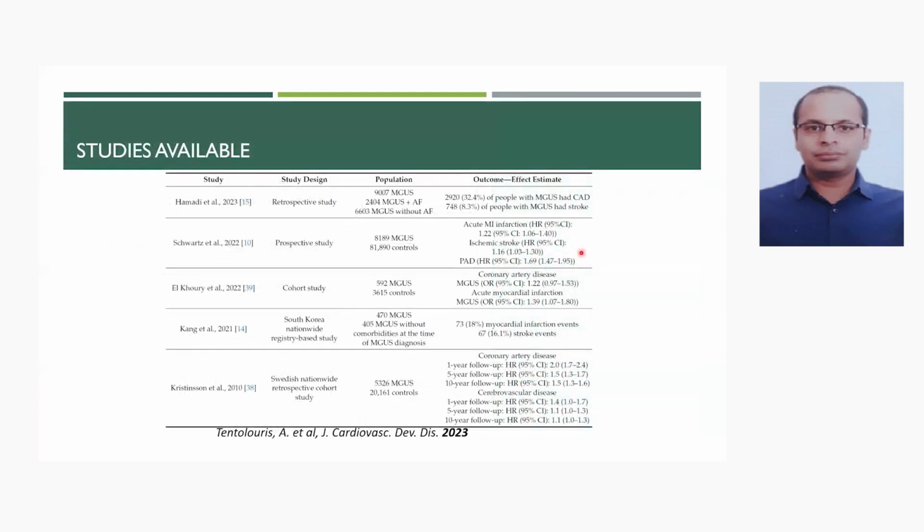There are certain studies, both retrospective and prospective, which have shown that the incidence of cardiac or CAD or stroke-like abnormalities is pretty high in MGUS patients. The incidence of ischemic stroke, the risk ratio can be between 1 to 1.5, and the hazard ratio is reaching up to around 1.5 to 2 in long-term follow-up for these patients.